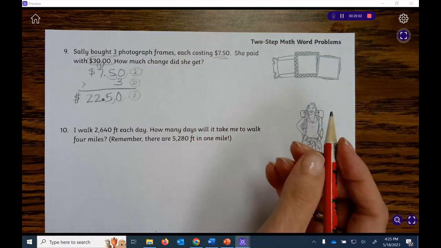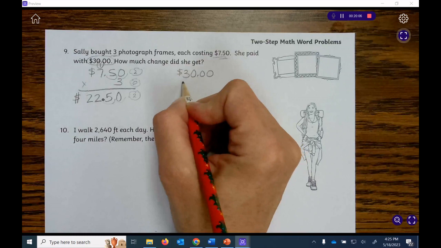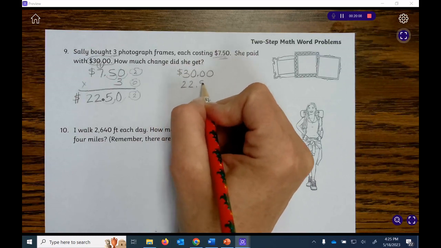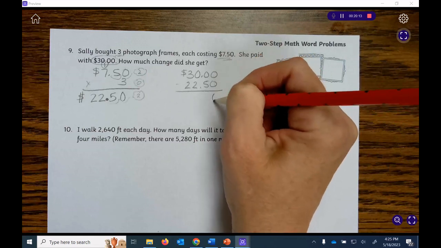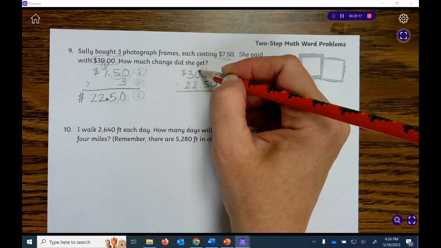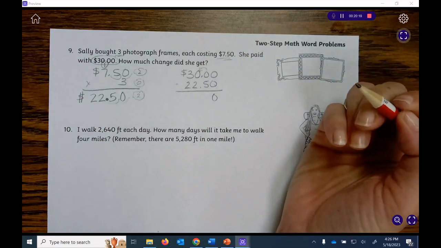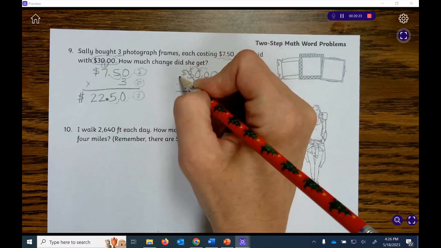All right, so Sally paid with $30. How much change did she get? So we're going to do $30 take away $22.50. All right, 0 take away 0 is 0. Now I can't have 0 and take away 5, so I have to borrow. I can't borrow from that number because it's a 0, so I go over. 3 becomes a 2.